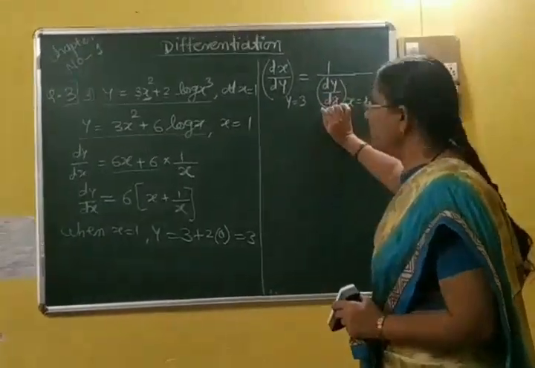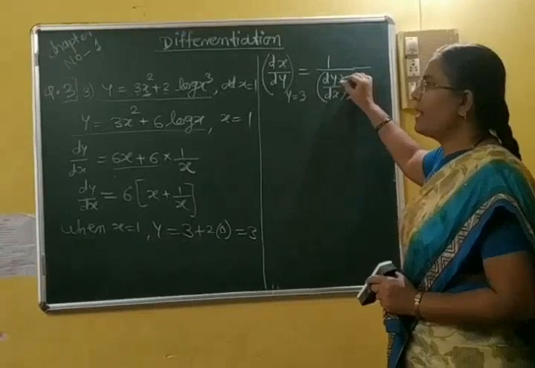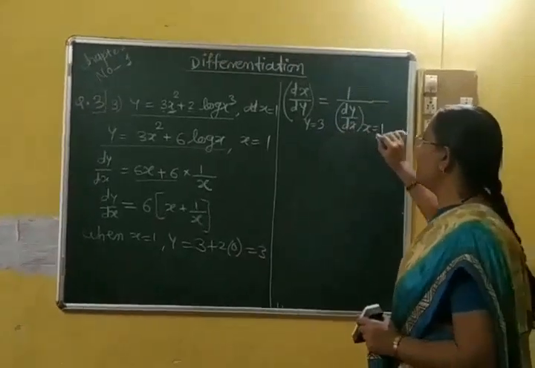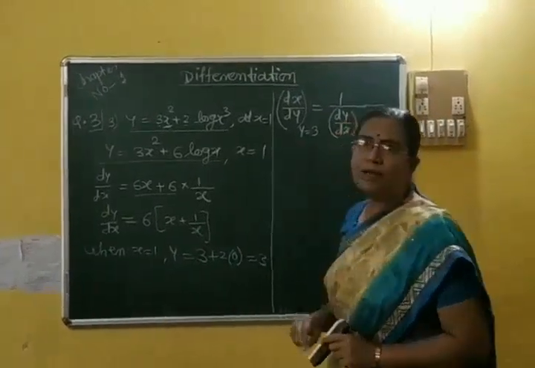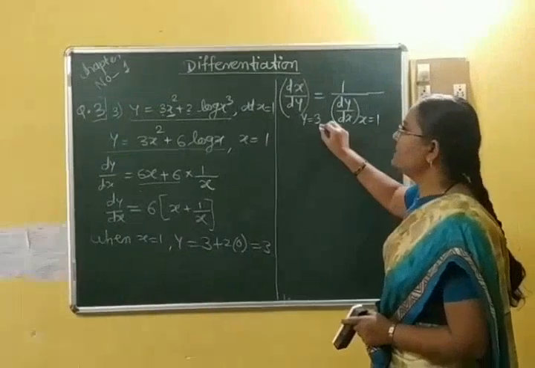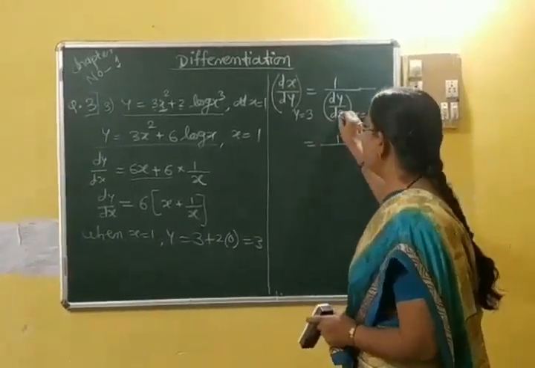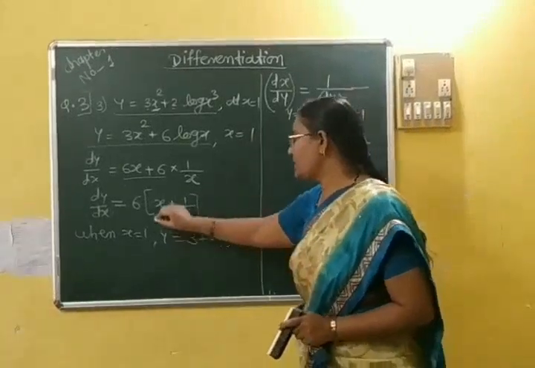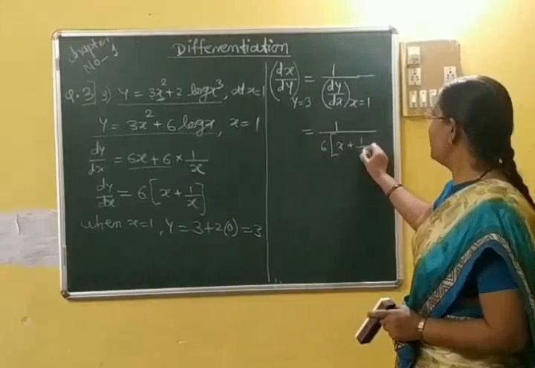We have to find the derivative of the given function, that is, differentiate y with respect to x at x equal to 1, and we have to find the derivative of the inverse of the given function at y equal to 3. The derivative of y with respect to x is 6x plus 1 upon x.